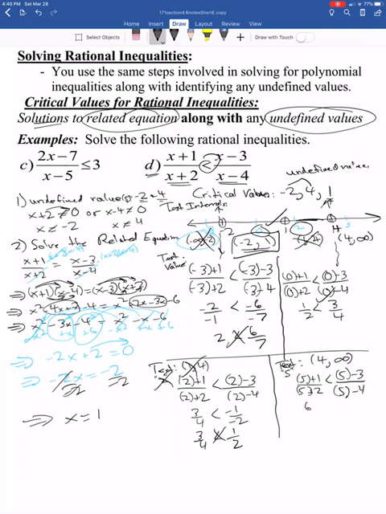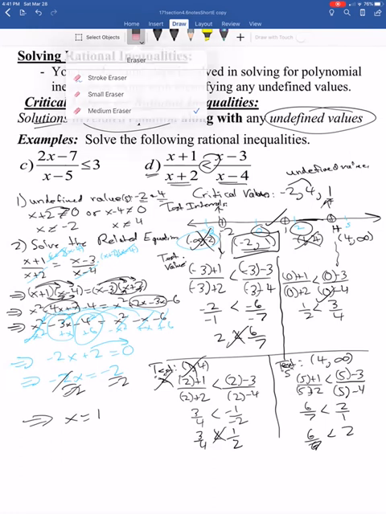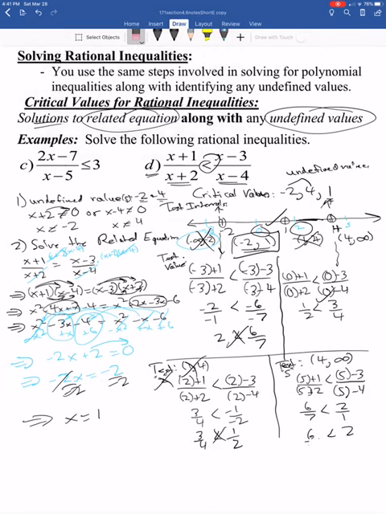So we end up with 6 over 7 less than 2 over 1. 6/7 less than 2? Yes, 6/7 is less than 2. So we've got an interval right here that works. So it works. That means all numbers greater than 4 we need to include in the solution set.